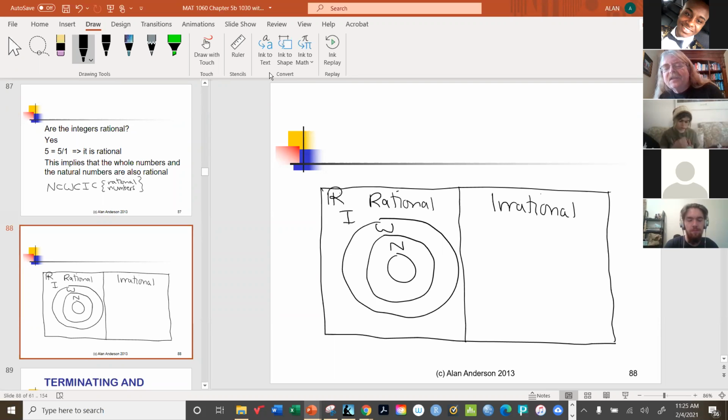And now everything's complete. All the real numbers are represented in this diagram somewhere. Okay, and see, this big fence keeps them separated from each other. The irrationals are over here. They don't have any separate categories. On the rational side, we break them down further into integers, whole numbers, and natural numbers.